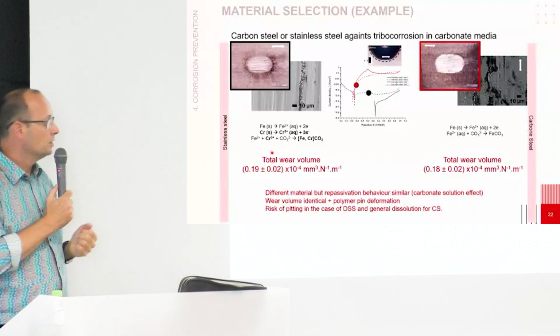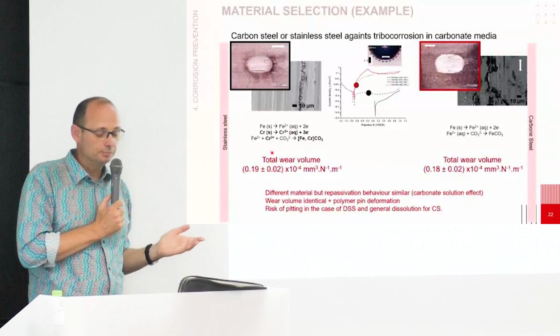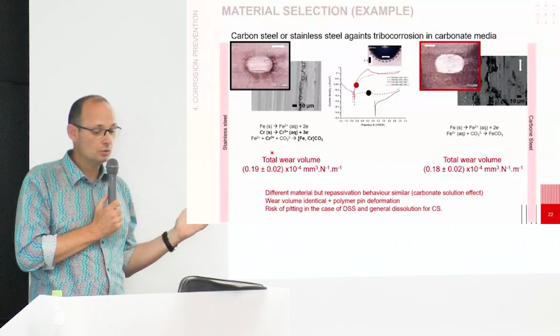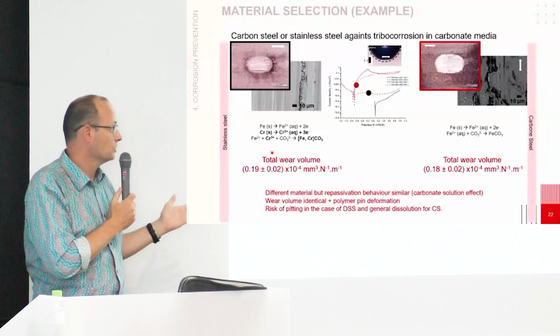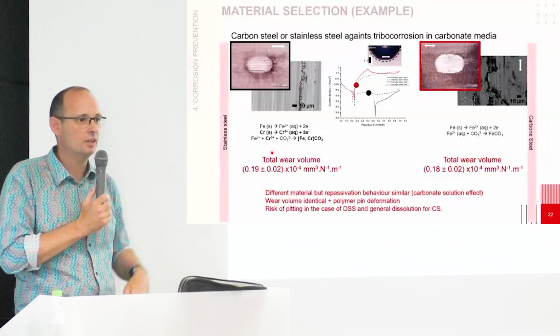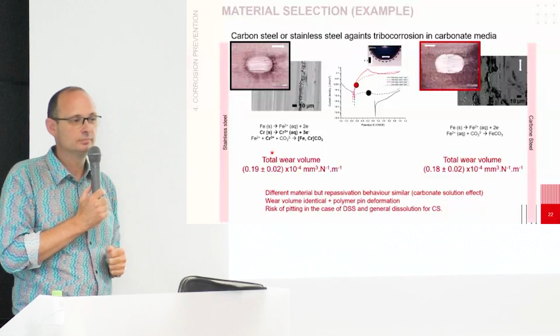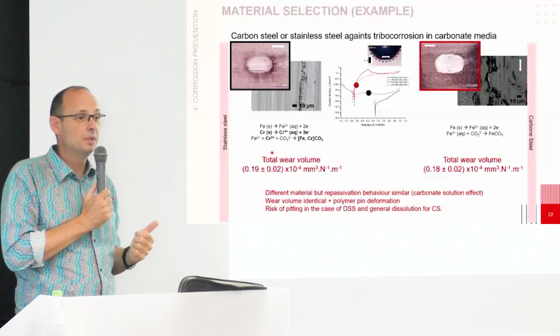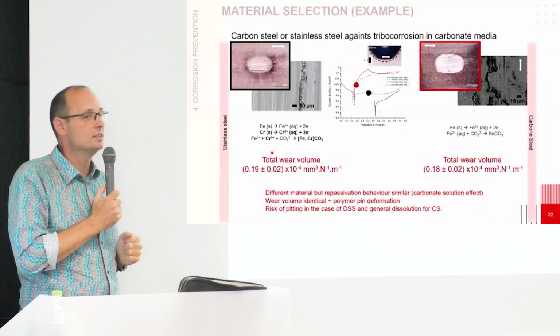But at the end, if we try to solve the question, can we use a stainless steel instead of a carbon steel in this environment for this specific application? The answer is no. And it's quite good, because carbon steel is cheaper than stainless steel.